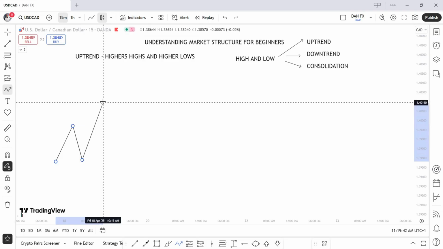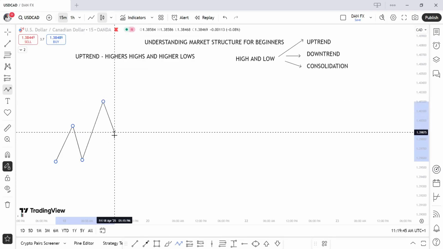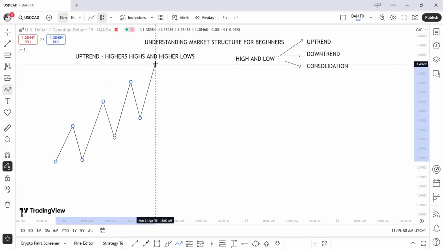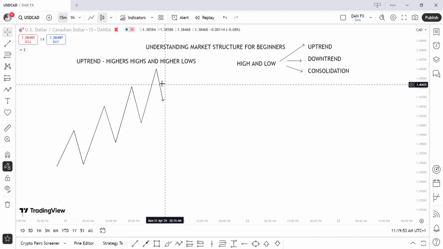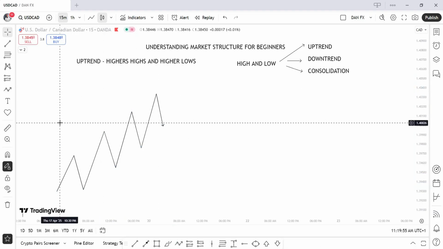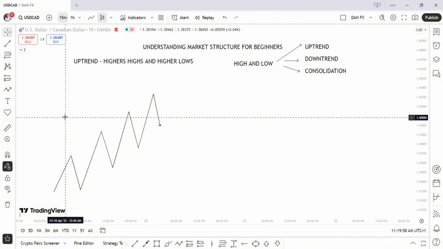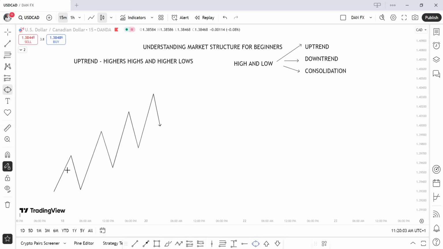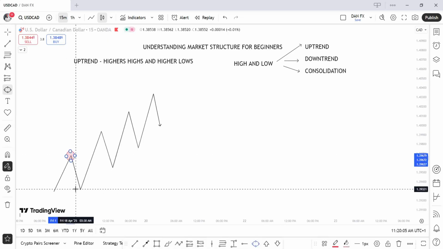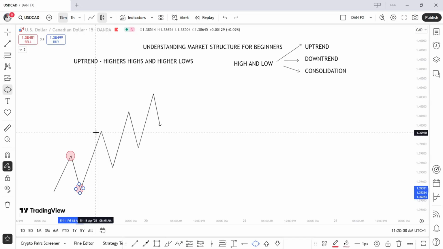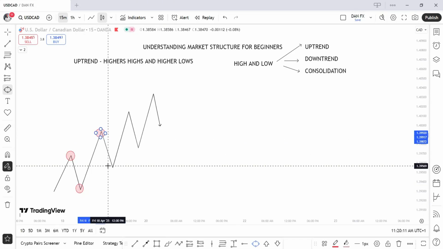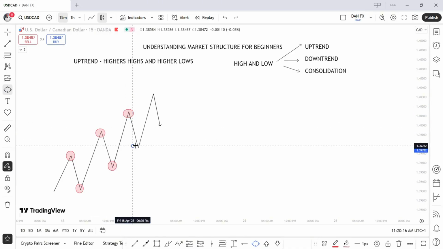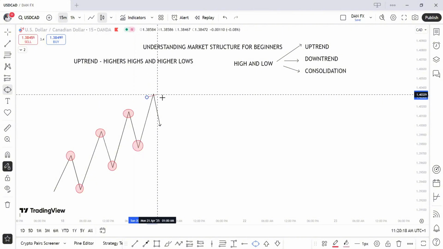Then you're going to get a higher high, then a higher low, a higher high, and a higher low. As you can see, as price is forming higher highs and higher lows, price is going up. So we have a high, a low, a higher high, a higher low, a higher high, a higher low, and then a higher high.